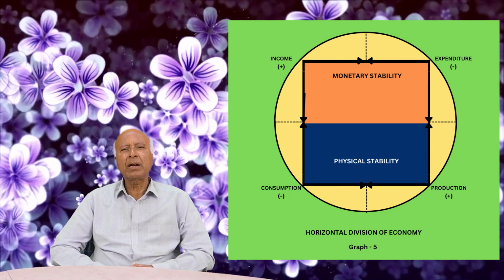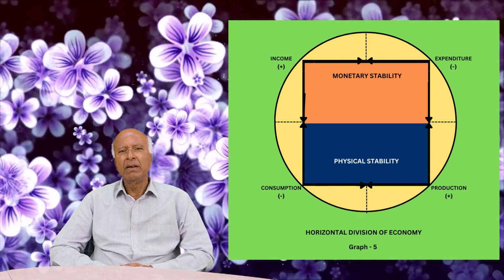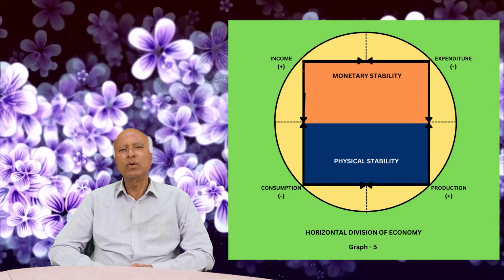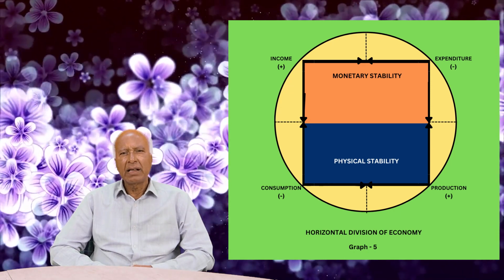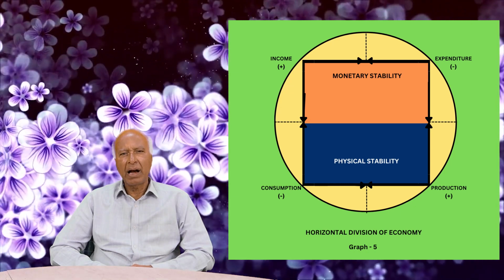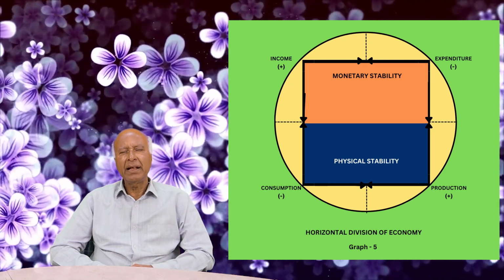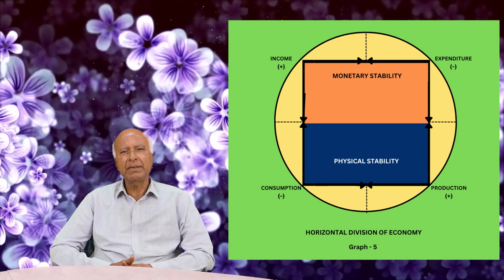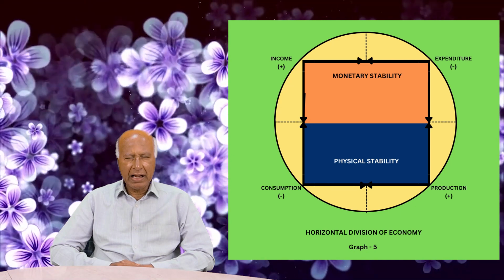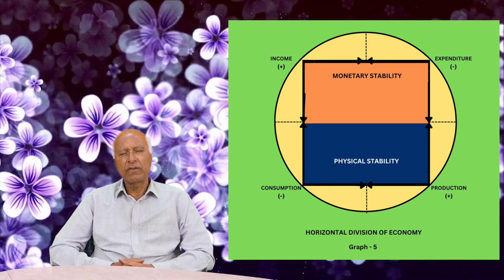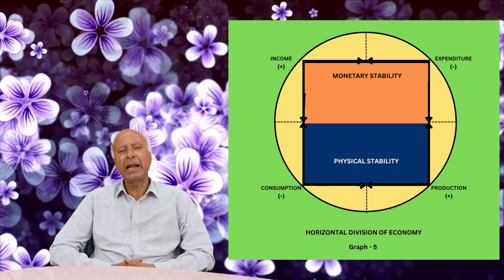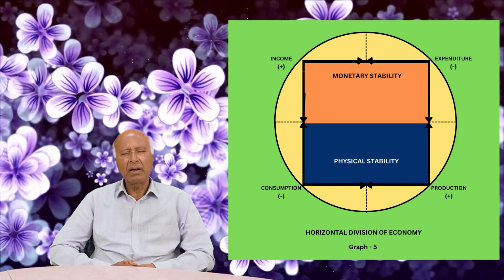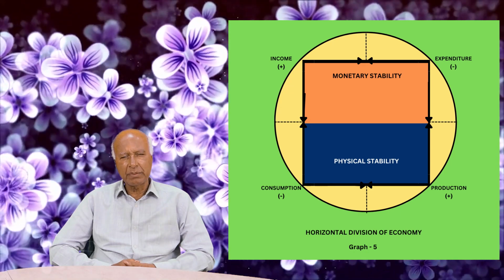The upper rectangular shape will represent monetary value. Monetary value in two poles is expressed by income and expenditure. Both are monetary activities, monetary equivalents. Income is because of the consumer getting the income and applying that income for the purpose of consumption.